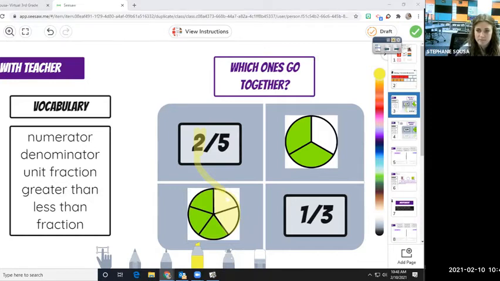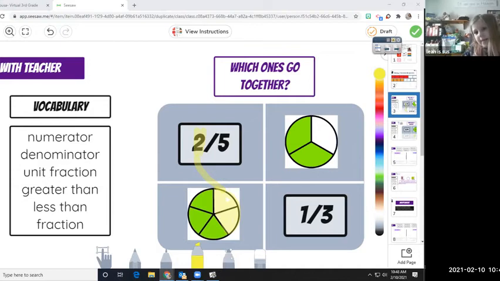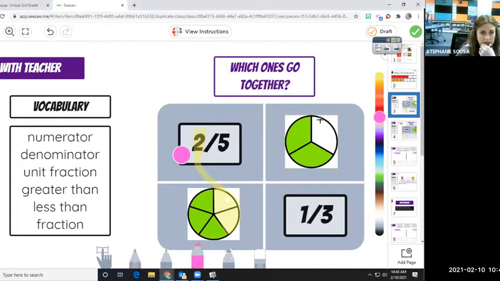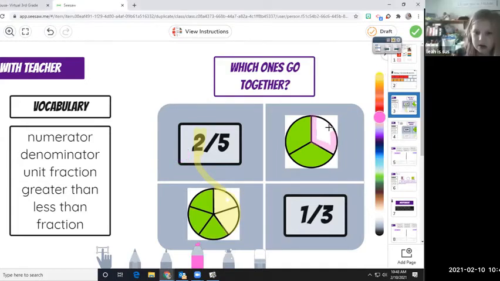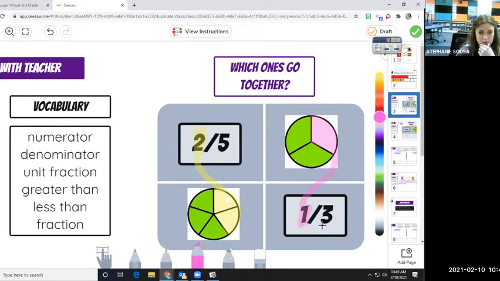Leah? That the numerator and denominator is the same as the 1/3. So right here, you're seeing that the 1/3 not shaded can connect to this one right here, okay? Aiden G, do you see connections?